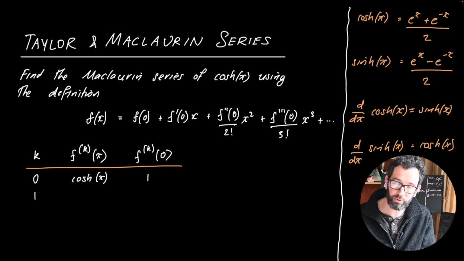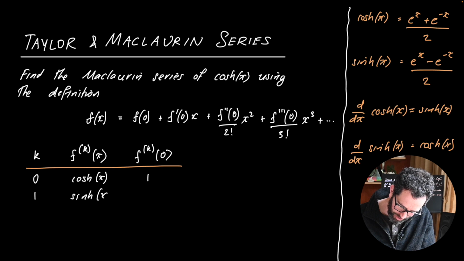Okay, for our first derivative, f1 of x, our cosh differentiates to sinh. So we take our sinh, put it in here, and when we put our sinh at 0, we go e to the 0 minus e to the 0, this is going to be 0.